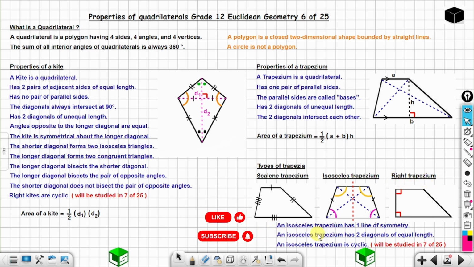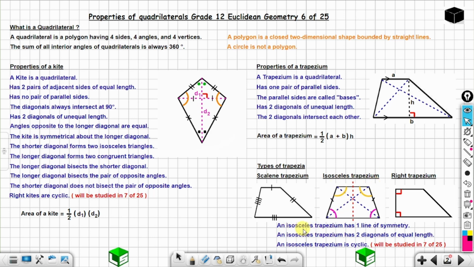So a few things that you need to know about an isosceles trapezium. An isosceles trapezium has got one line of symmetry. This line is a line of symmetry. You can fold this trapezium about this line and you are going to have this part exactly on top of this part. Not this, not this, not this.